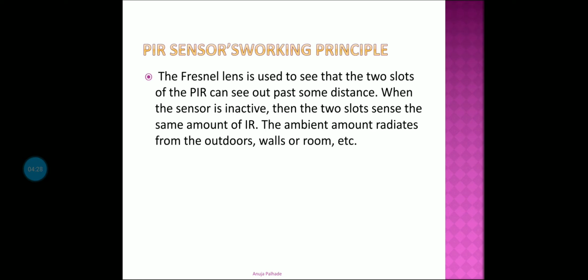Now the Fresnel lens, I am going to show this in the image. Just listen first. The Fresnel lens is used so that the two slots of the PIR can see out past some distance.